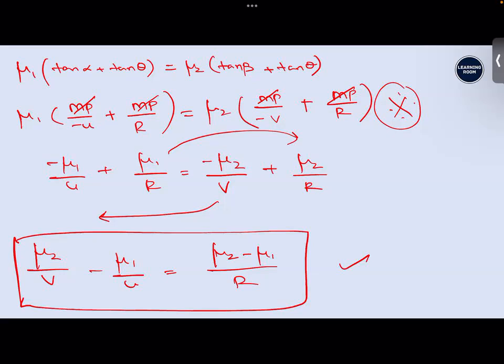Did you get this value? So mu2 by v minus mu1 by u is equal to mu2 minus mu1 divided by R.